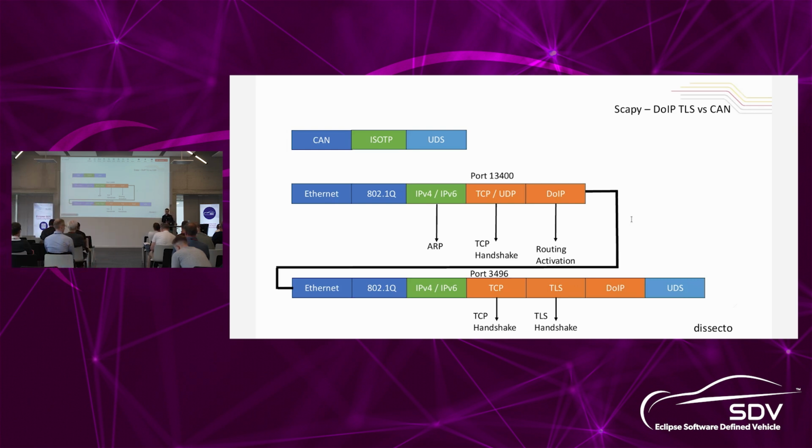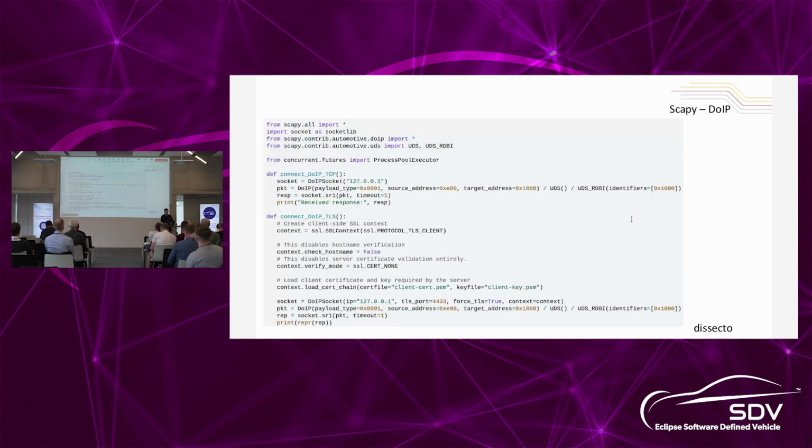If we test higher protocols, for example, if we just want to test DoIP or UDS, we don't want to build the whole packet all the time, because we just want to say, hey, please use the valid values. We are fine if you do it for us. And for that, we changed the DoIP socket so it fully automates the DoIP TLS handshake.